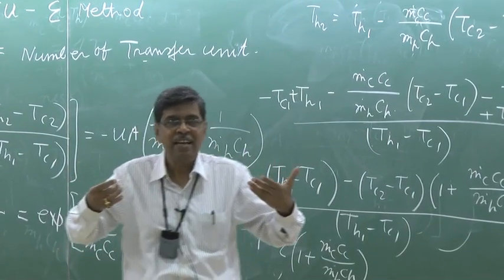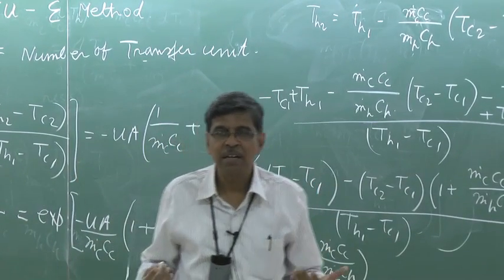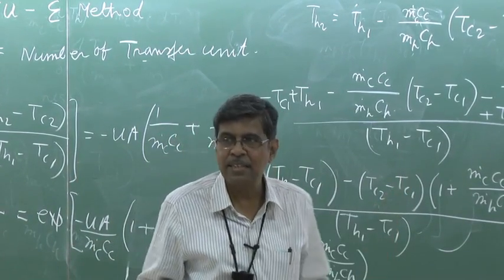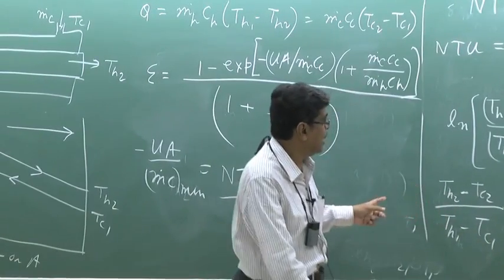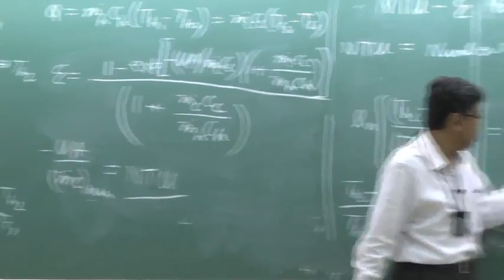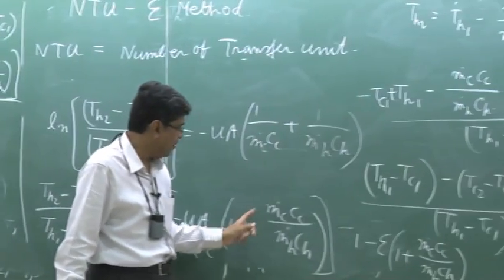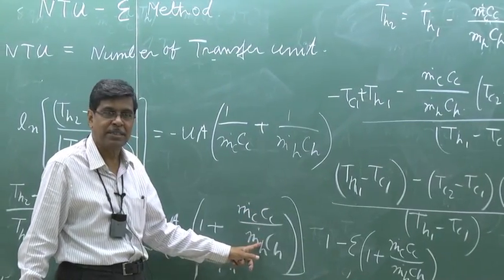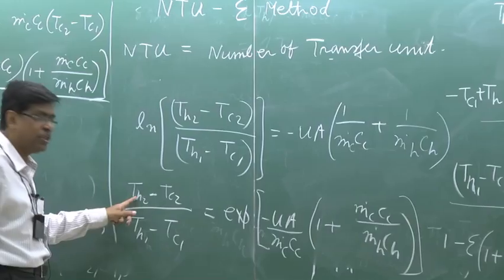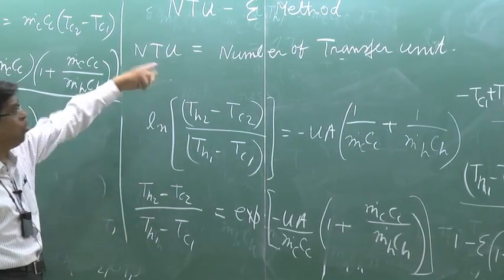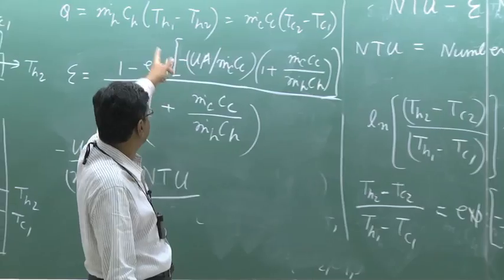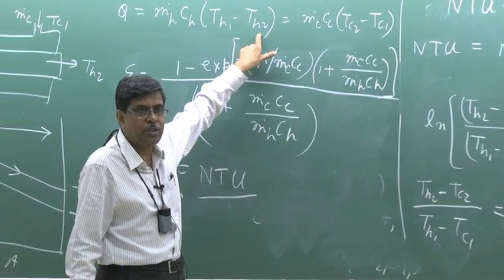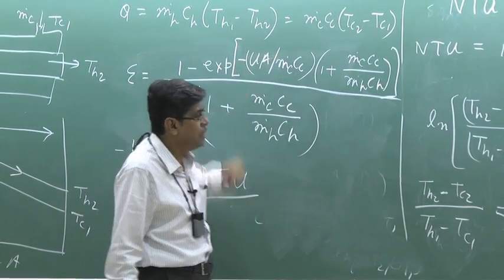This has a rhythm. Good boys can understand this better immediately by intuition. Here we will take m dot h Ch as common. Then it will be 1 plus m dot h Ch by m dot c Cc. Here Th2 will remain as it is. Tc2 will be replaced in terms of other temperatures from here: Th2, Th1 and Tc1.